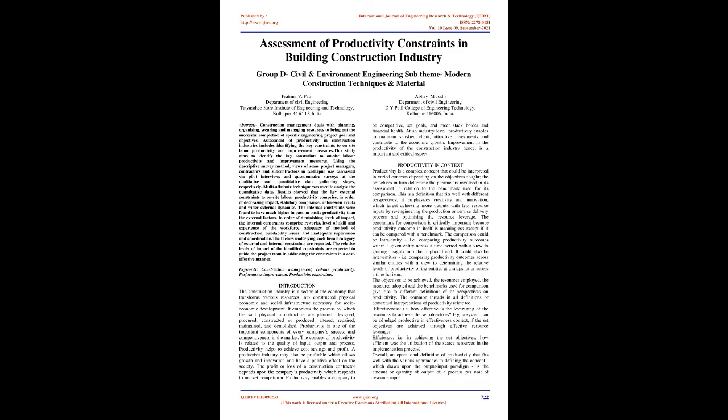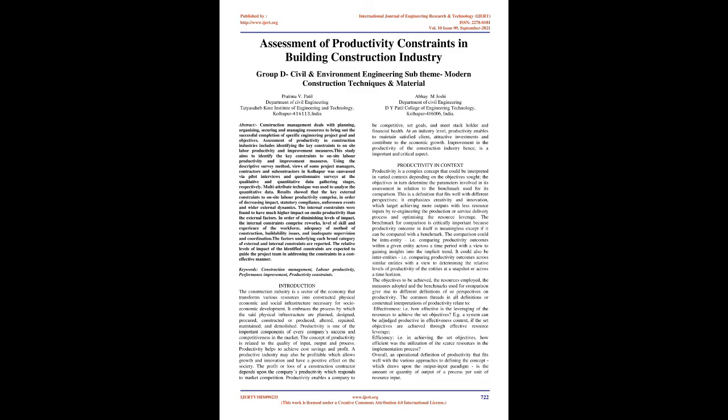The internal constraints were found to have much higher impact on on-site productivity than the external factors. In order of diminishing levels of impact, the internal constraints comprise reworks, level of skill and experience of the workforce, adequacy of method of construction, buildability issues, and inadequate supervision and coordination.